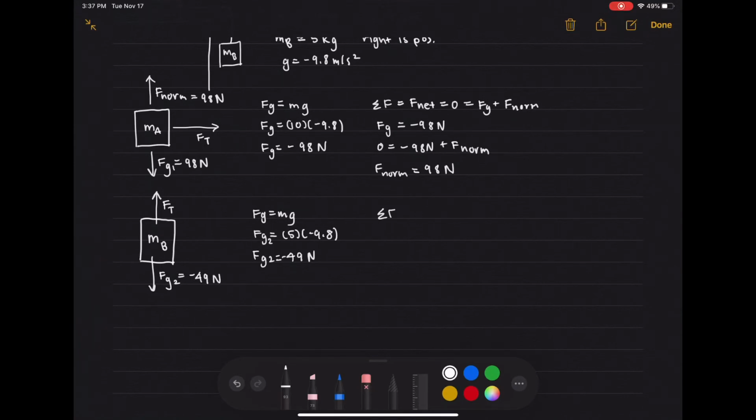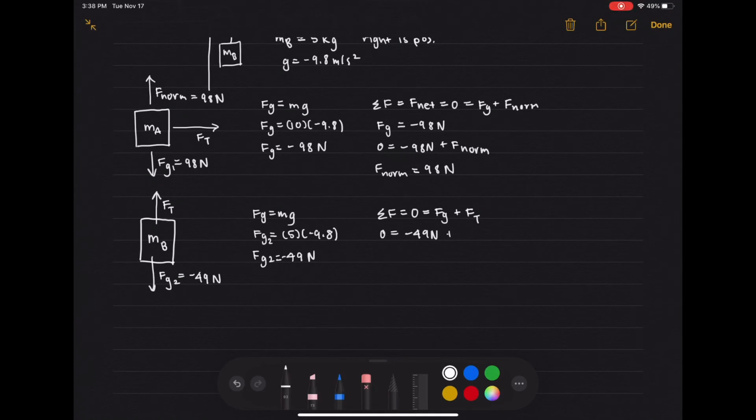We can then use the same process of setting up F net equal to 0 to calculate the tension of the rope. So 0 equals force of gravity plus force tension of the rope. Since force of gravity equals negative 49 newtons, the force tension equals positive 49 newtons.